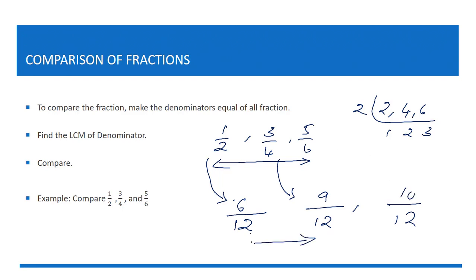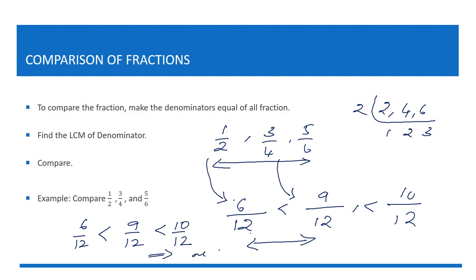First you need to convert it this way, then later you can decide which is the lesser one and which is the bigger one, right? Now 6 by 12, that is 1 by 2, is automatically less, 3 by 4 is more than that, and 5 by 6 is more than 3 by 4. That's what you can compare in this way: 6 by 12 is less than 9 by 12, which is less than 10 by 12.